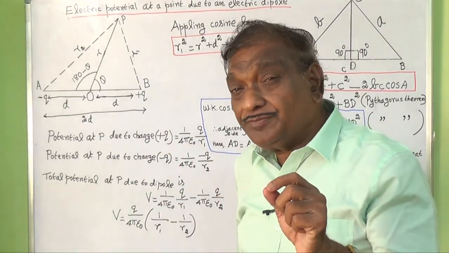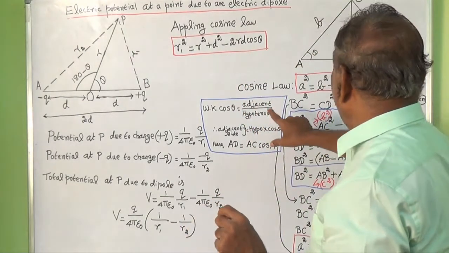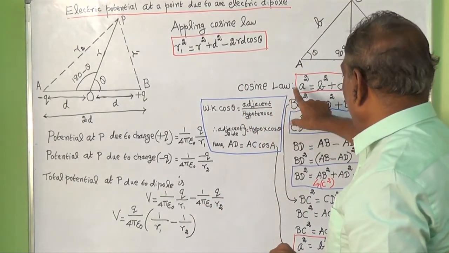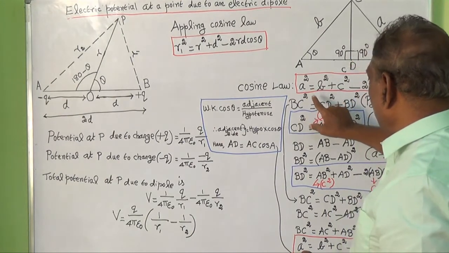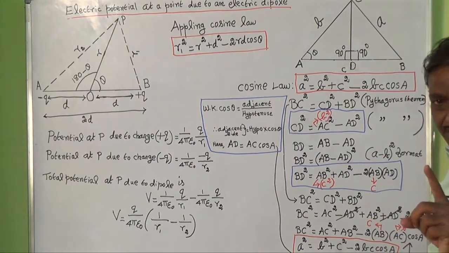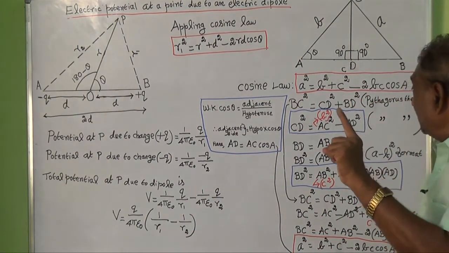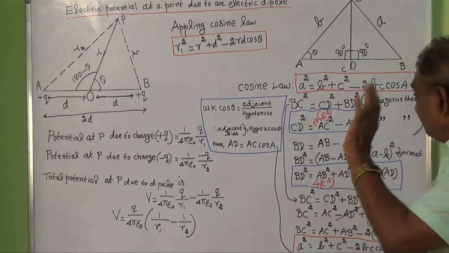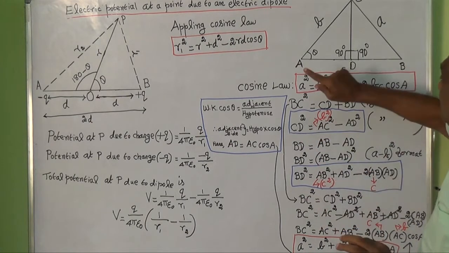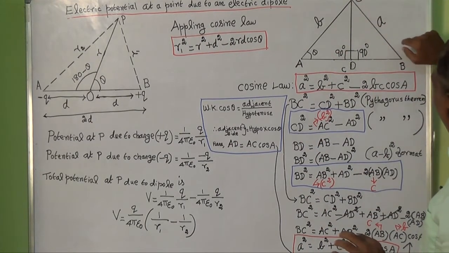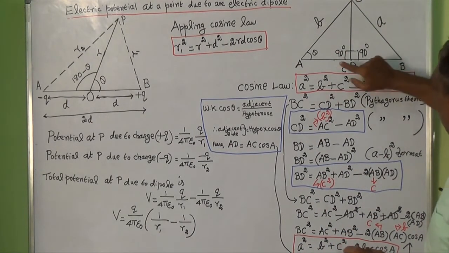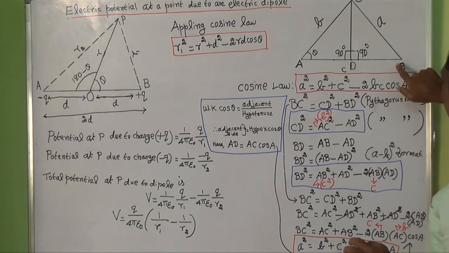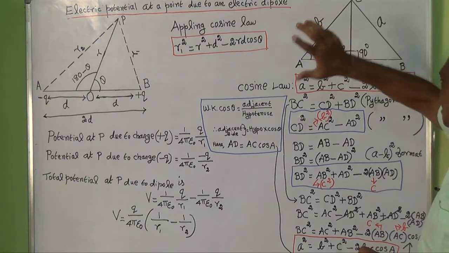What is the cosine law? The cosine law is a square equal to b square plus c square minus 2bc cos A. If we consider a standard triangle ABC, there are three sides.